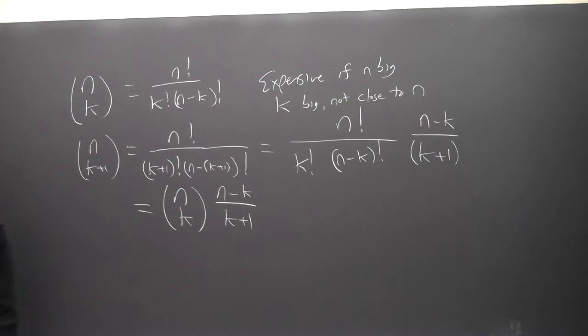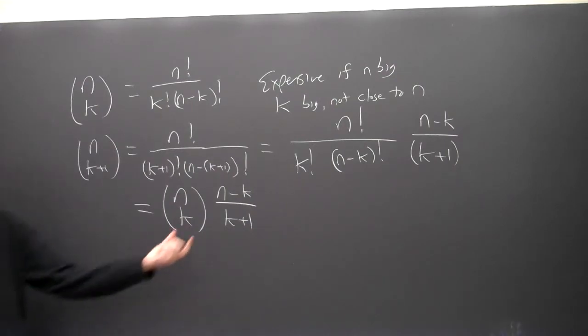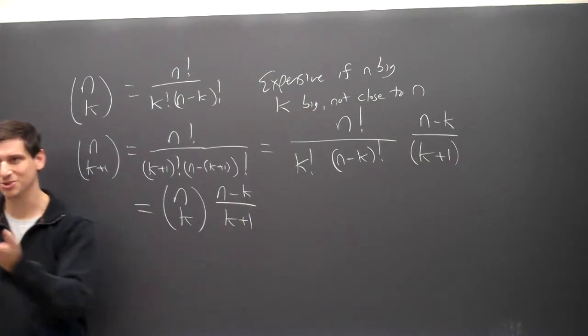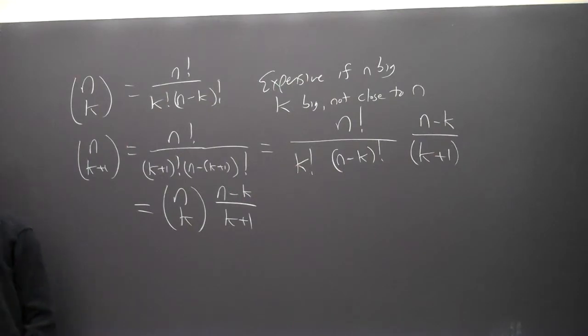Can I use this to march all the way down? So is this always going to be an even or an odd number? You're shaking your head, so why is it not always going to be an even or an odd number? What if you have a fraction?